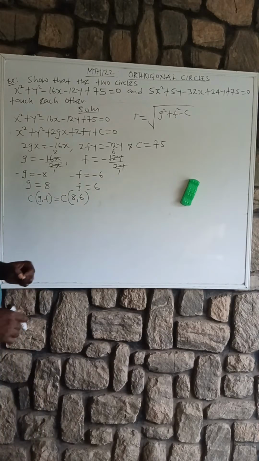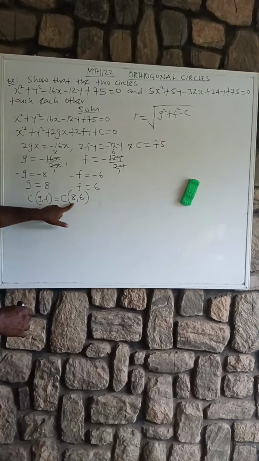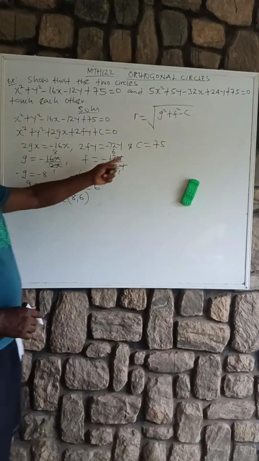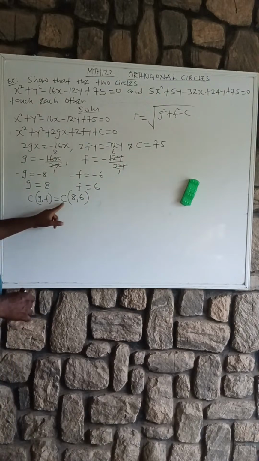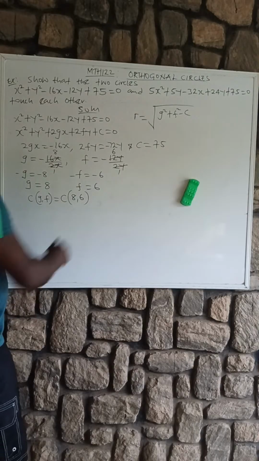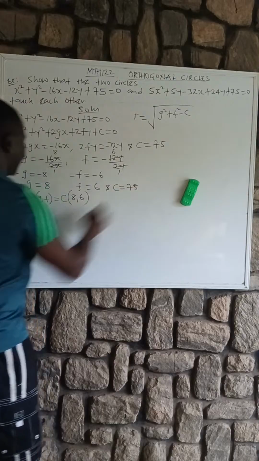Okay? Then what we need to do is, we have obtained our g and f, also c, and c is equals to 75.